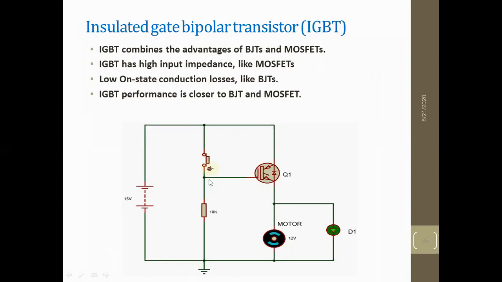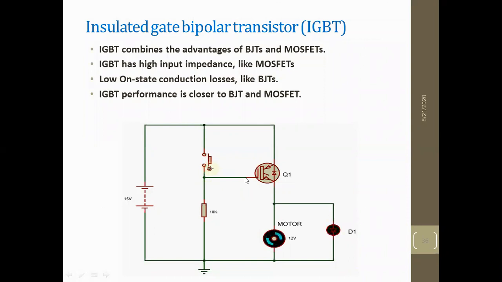Here, the gate is becoming positive. That is, the gate has a high positive potential. Therefore, it becomes the positive side, forward bias condition.